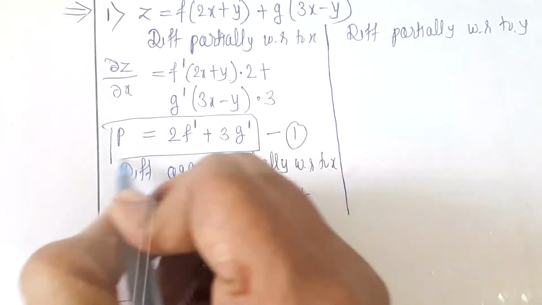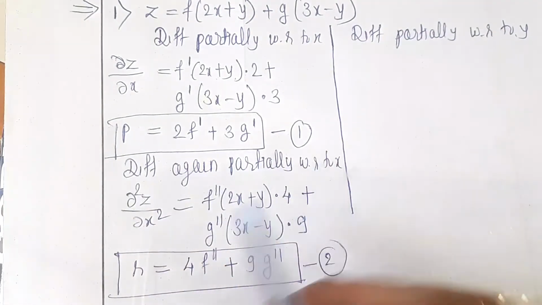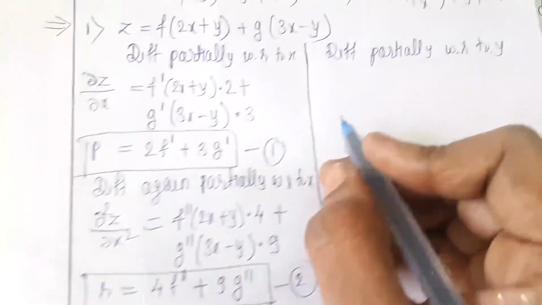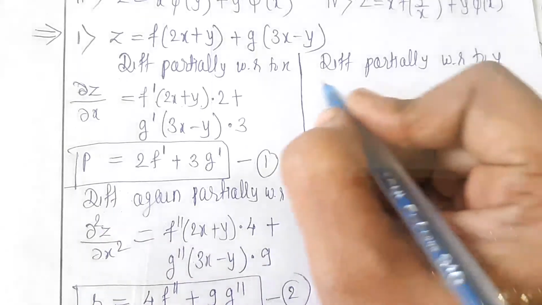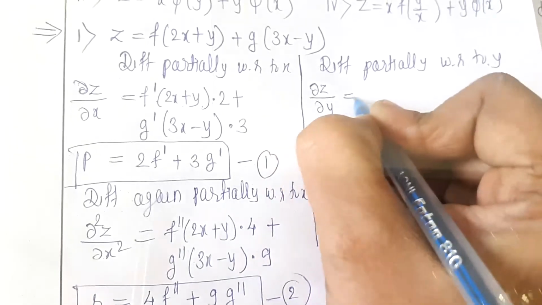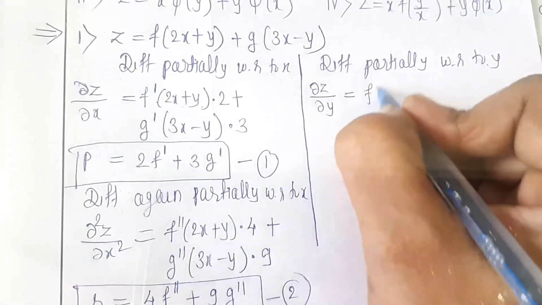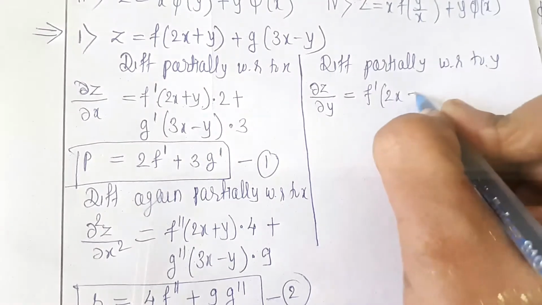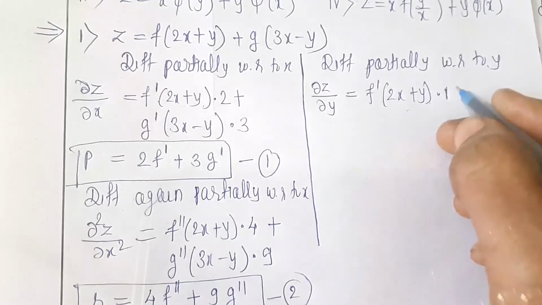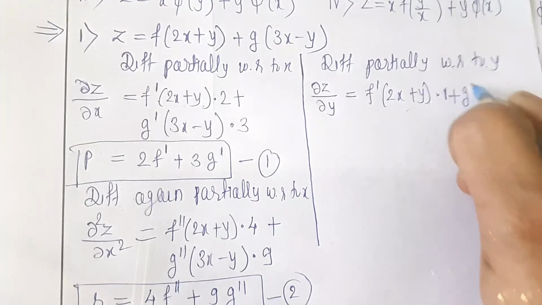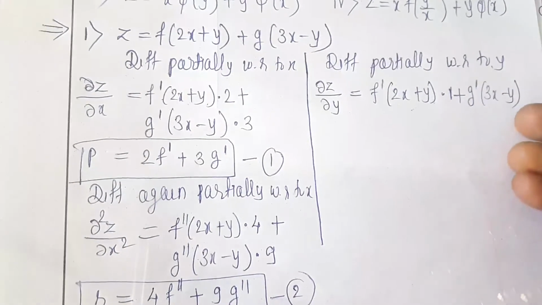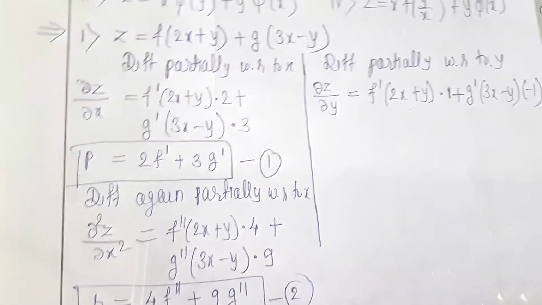So here p is obtained as 2f dash plus 3g dash, and r is obtained as 4f double dash plus 9g double dash. Similarly for y we will do the same thing, differentiate partially with respect to y. So del z by del y is equal to the derivative of f with respect to y, which is f dash of 2x plus y multiplied by the derivative of 2x plus y with respect to y, which is 1, plus g dash of 3x minus y multiplied by the derivative of 3x minus y with respect to y, which is minus 1.